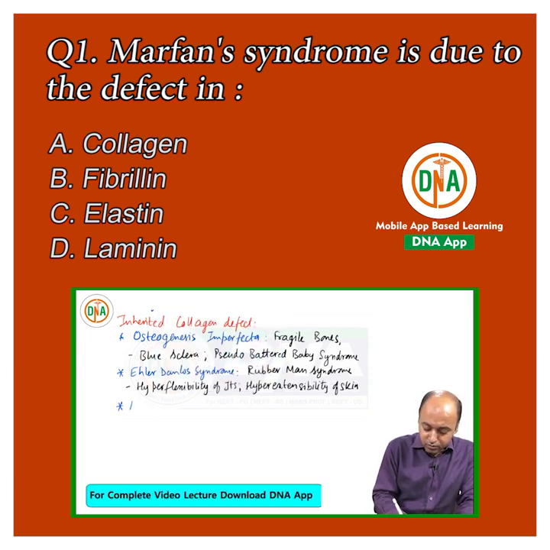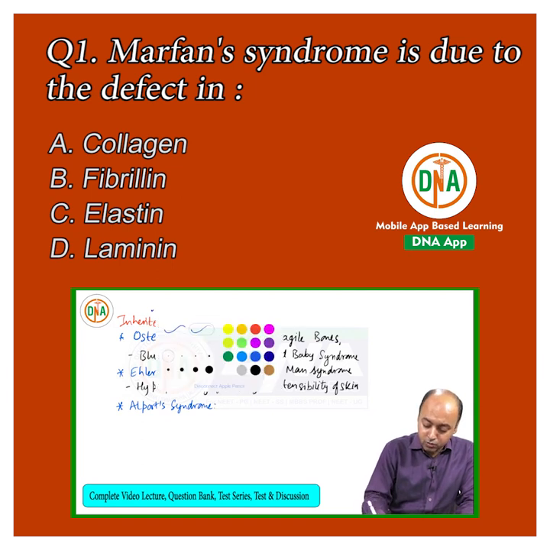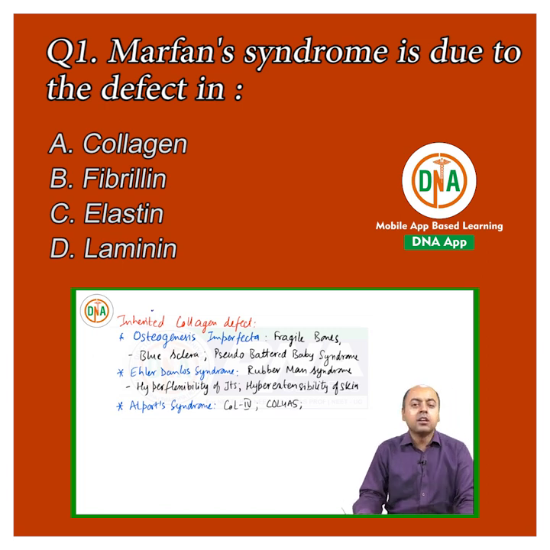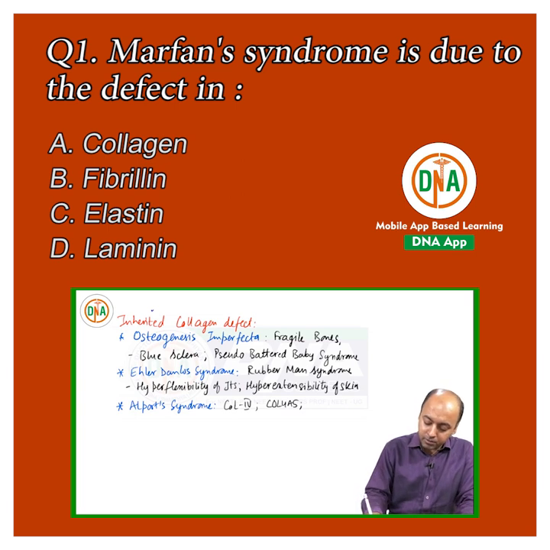Then we also have what is known as Alport's syndrome. In Alport syndrome, there is a defect in collagen type 4. Collagen type 4 is defective. The defective gene is called COL4A5, which codes for the fifth fibril of collagen, and this is typically found in the basement membrane.